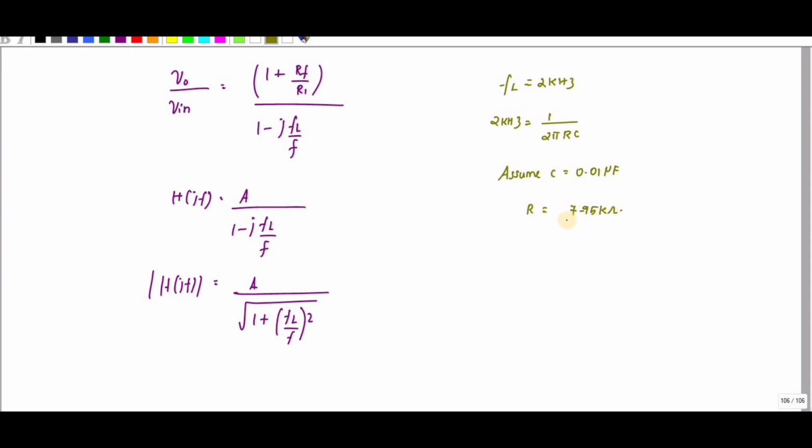If they ask to find the gain equal to 2, I can substitute 1 plus RF by R1 is equal to 2, so that RF is equal to R1. I can fix it as 10 kilo ohm. You can fix any value.